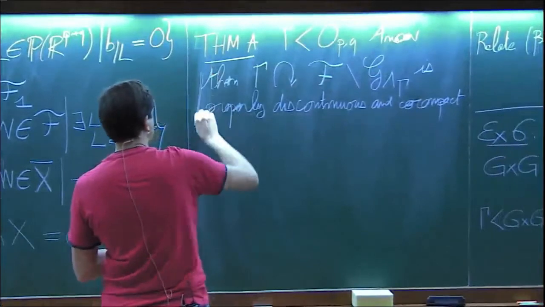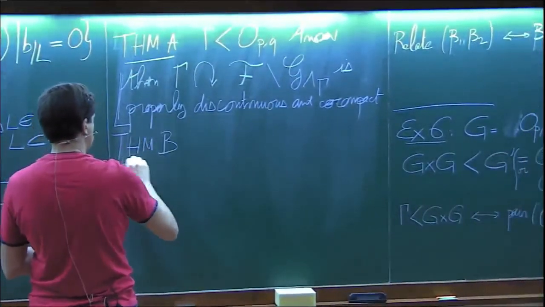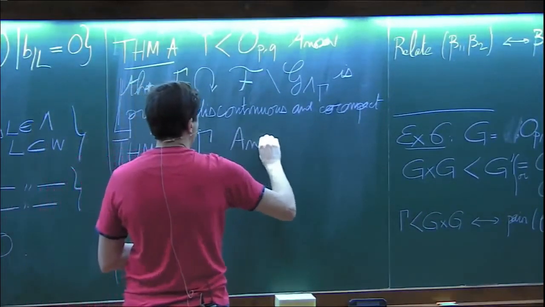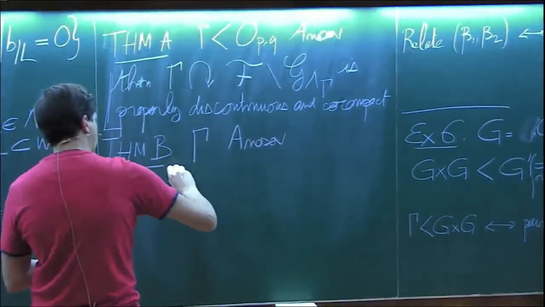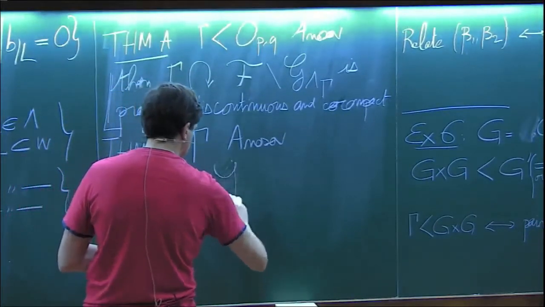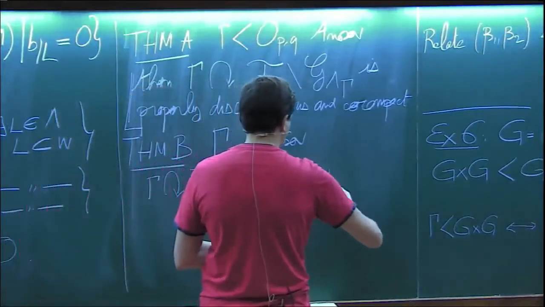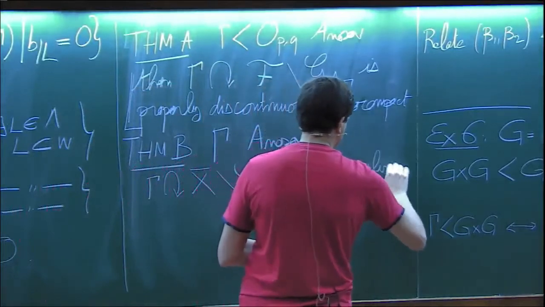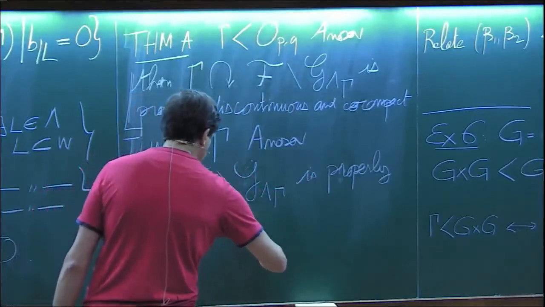And the second theorem is almost the same statement, but for the action on X bar. So I take gamma Anosov, and the action of gamma on the complement of Y of lambda_gamma is properly discontinuous and co-compact.